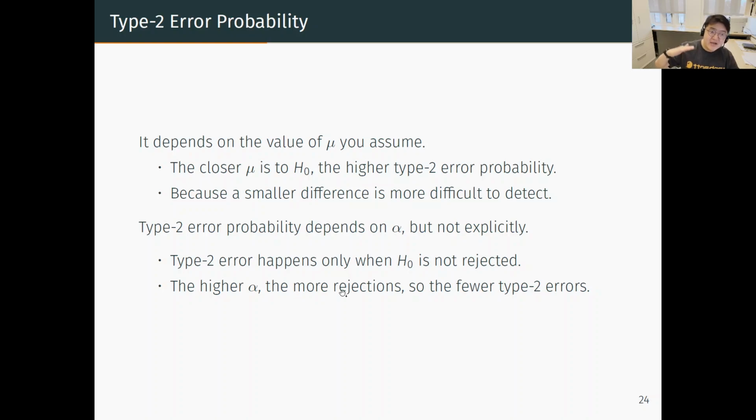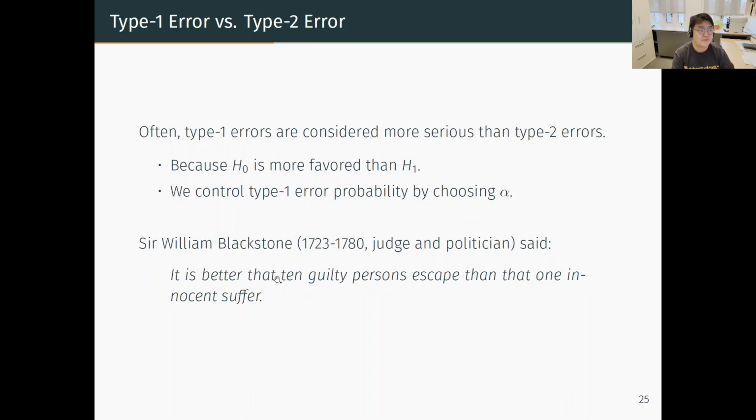So higher alpha means fewer type 2 errors. So yes, it is a trade-off, because alpha is the type 1 error. The more you are willing to reject, the more type 1 errors but fewer type 2 errors you will make. So we have to think about how to balance them out.